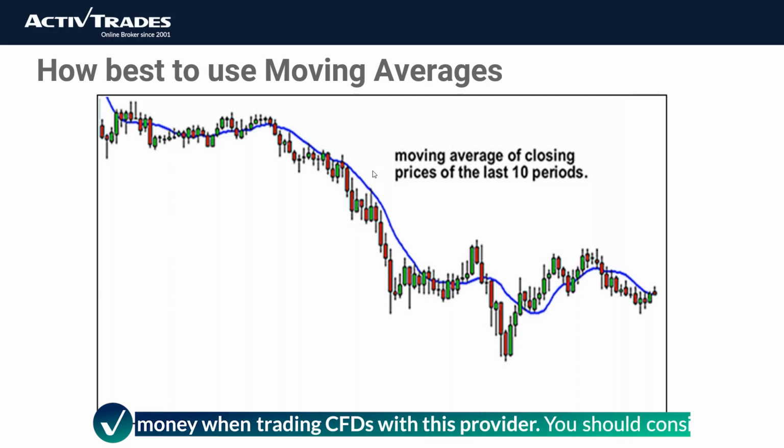As you can see there, because it's only 10 periods, the moving average is very close to the price action, and as we'll look over a couple of slides, that will depend upon the number of periods you include in your moving averages.